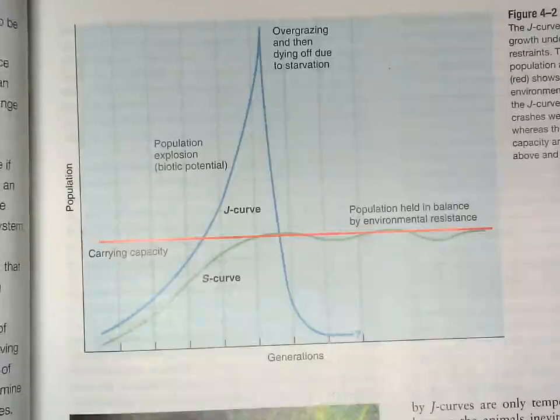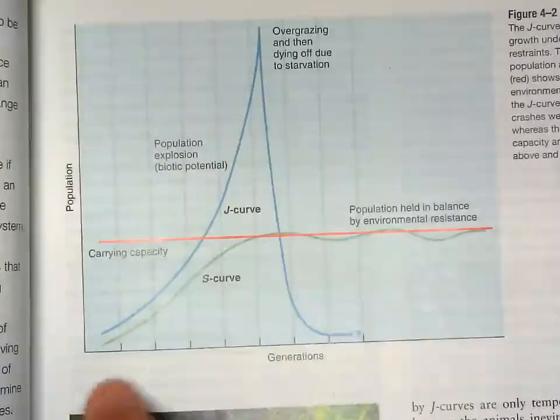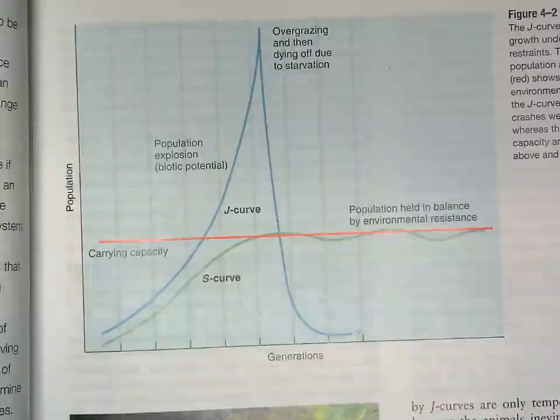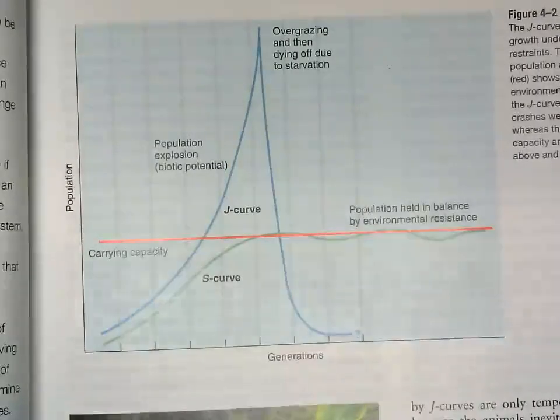So the population doesn't have anything controlling it, so it just explodes. Okay, once it hits its peak, the result of a J curve, a population explosion, is it goes up so fast that there aren't enough resources to support the population.